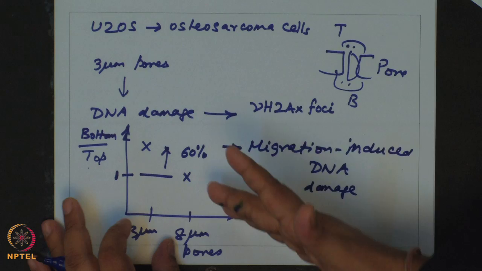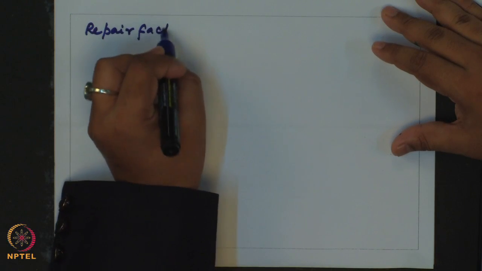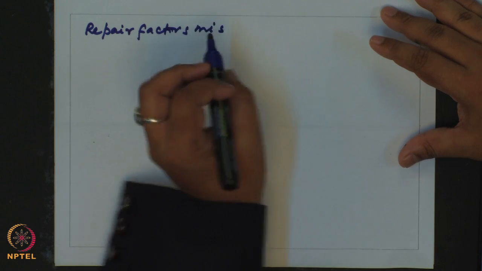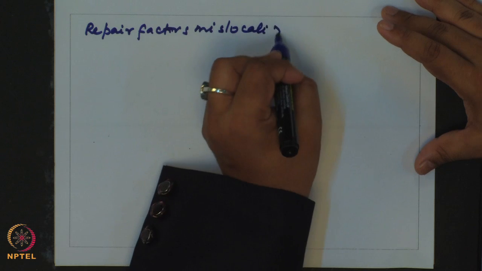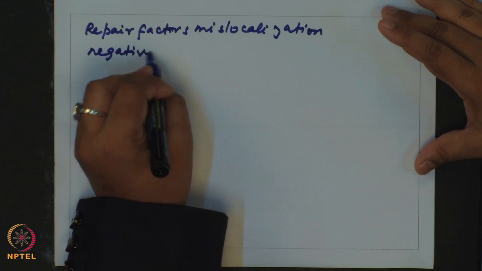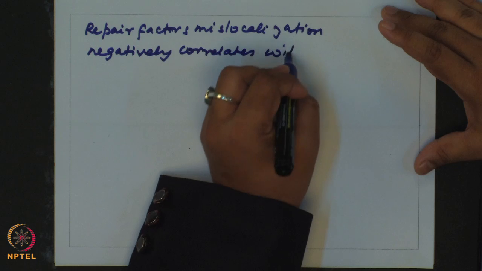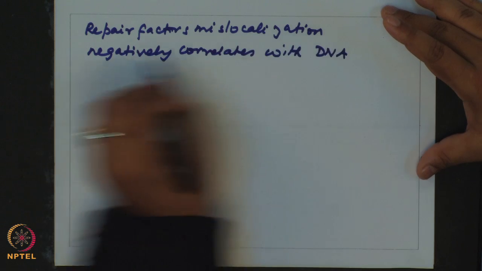And this they also observed in other cells like mesenchymal stem cells. They then did experiments with DNA repair factors, and showed that repair factors mislocalize with DNA damage levels.